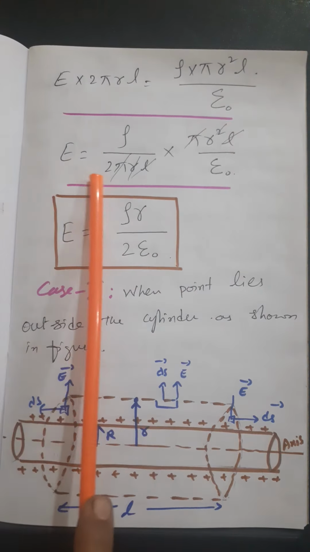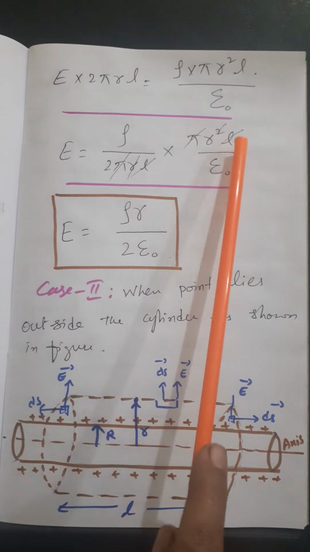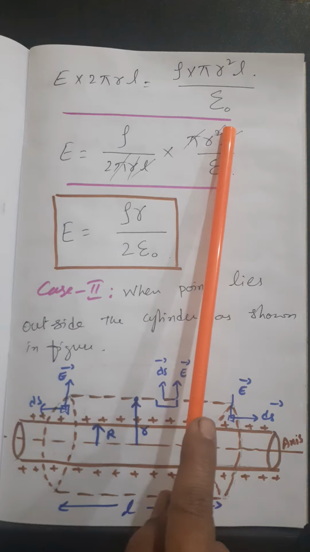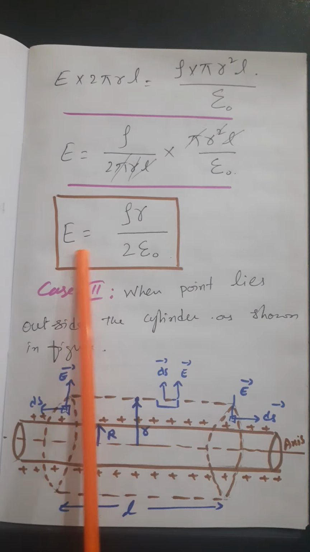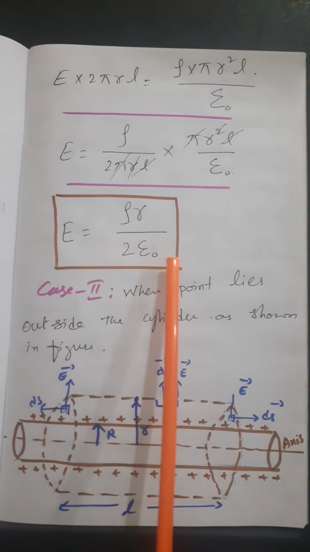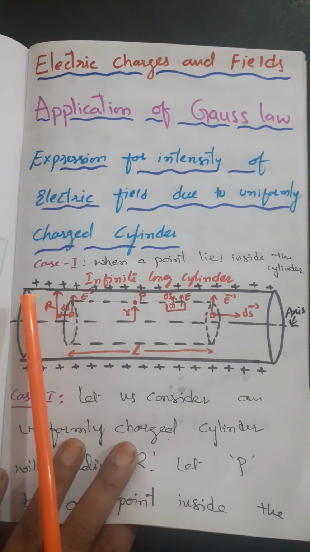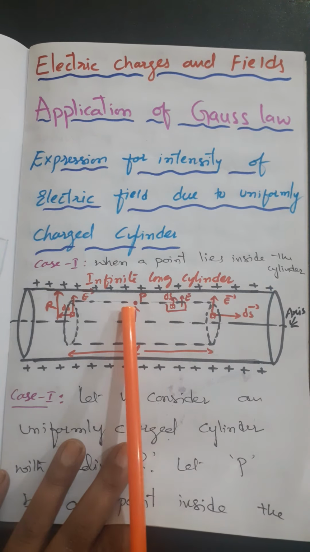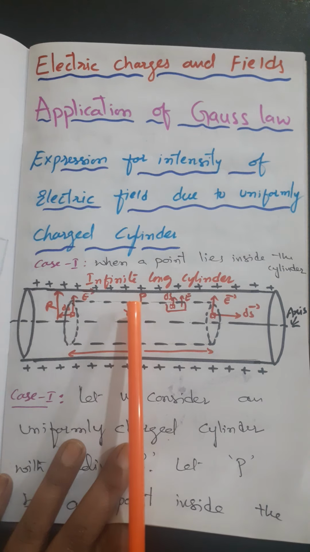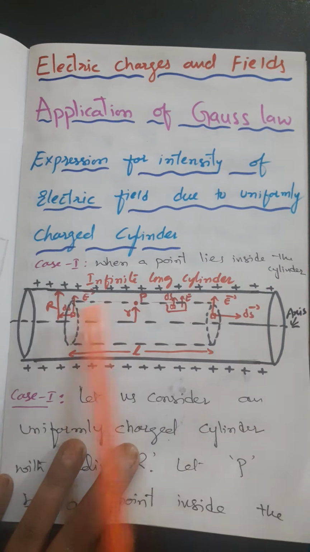So E can be written as rho into pi R square L by 2 pi RL epsilon naught. So R and R get cancelled, pi pi and L L get cancelled, then we get E is equal to rho R by 2 epsilon naught, which is the electric field due to the uniformly charged cylinder at a point P.